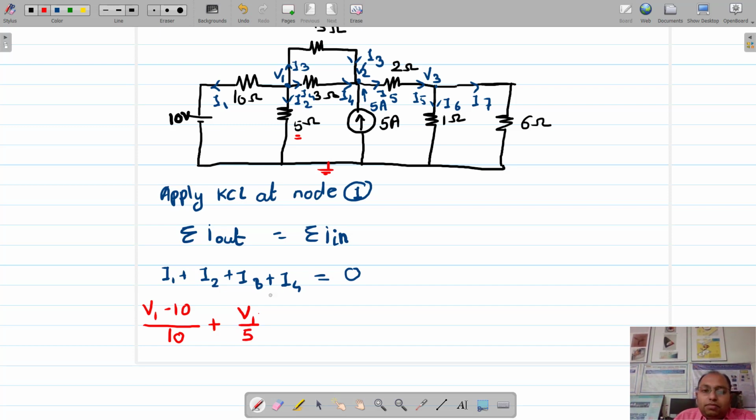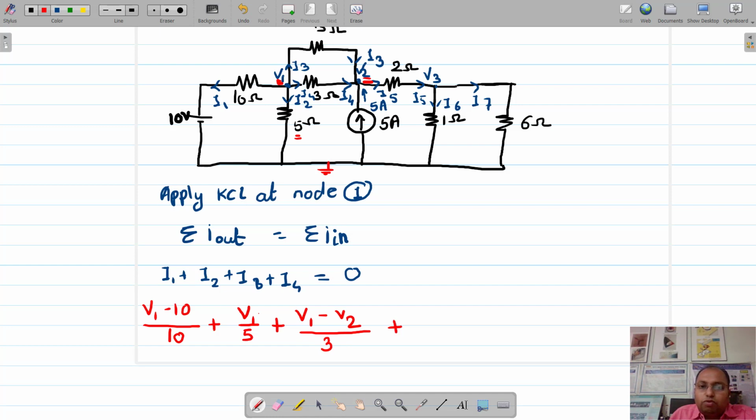What about I3? I3 is the current flowing from node 1 to node 2. V1 is at a higher potential than V2, so V1 minus V2 divided by 3 ohm.